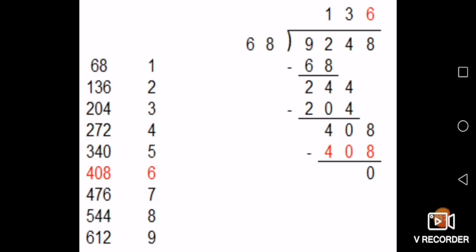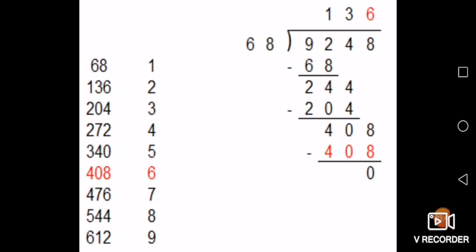But here the first two digits are 92, and 92 is greater than 68, so we go with 92 only. It goes 1 time, then we subtract 68 from 92. We will get 24. Now what is the next number?